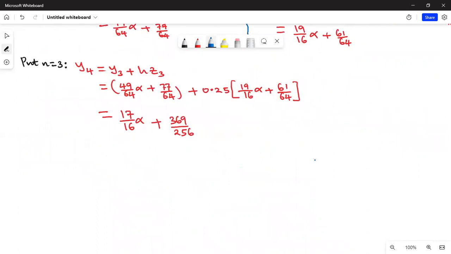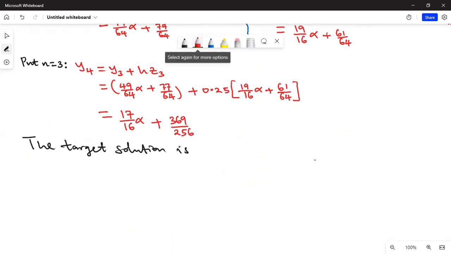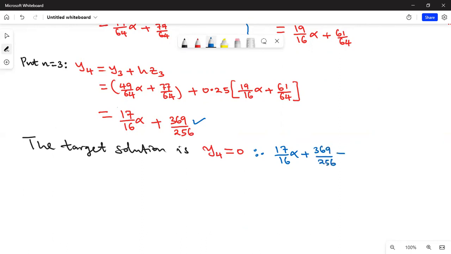So you write the target solution is that Y4 must be equal to 0. But what is the value of Y4 that we have found in terms of alpha? It is this one. Therefore, 17 over 16 alpha plus 369 over 256 must give us 0.